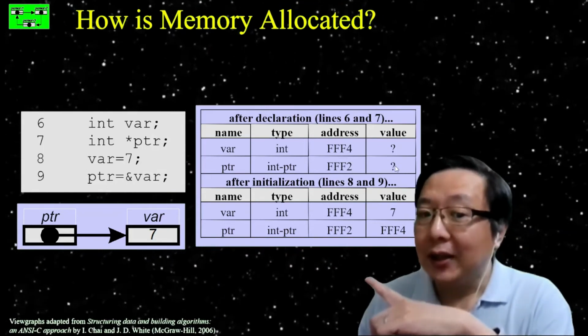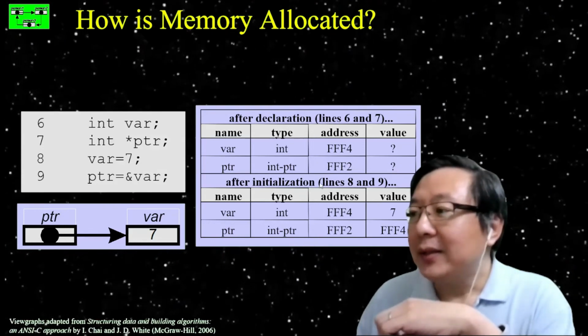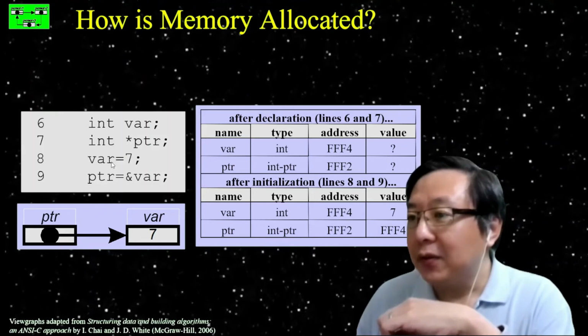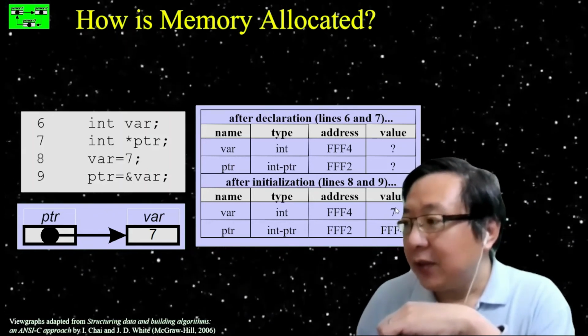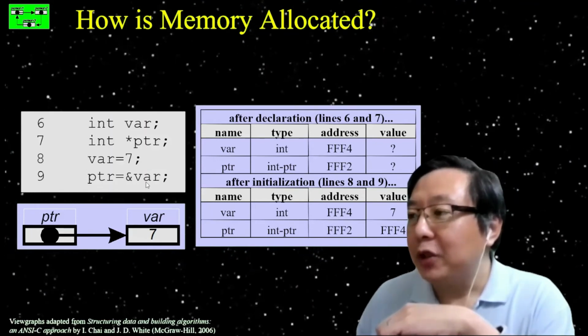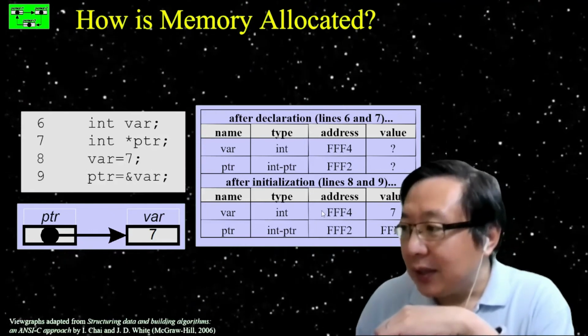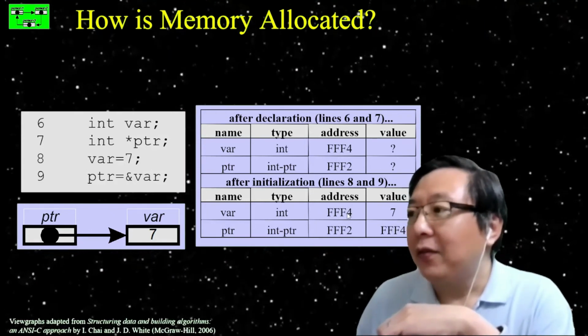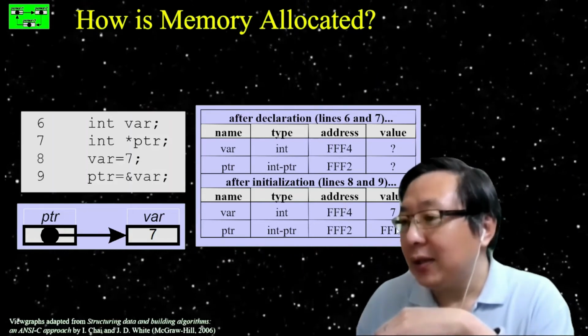Then after lines 8 and 9, they are initialized. So var equals 7, so var at FFF4 has the value 7. And PTR equals ampersand var, which means that PTR at FFF2 now takes the address of var, which is FFF4, and puts it in here.